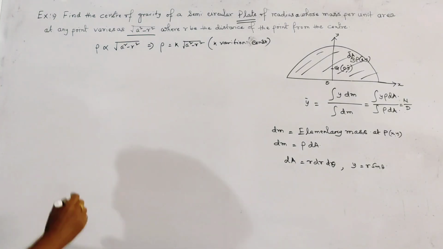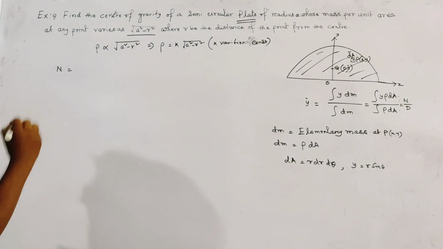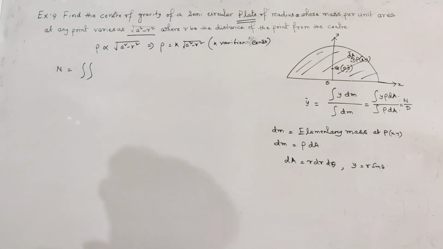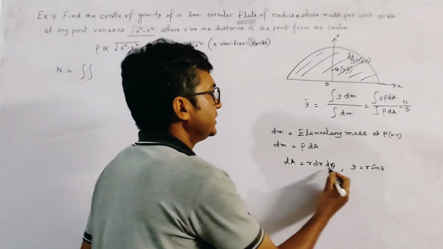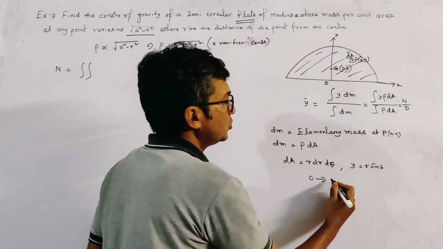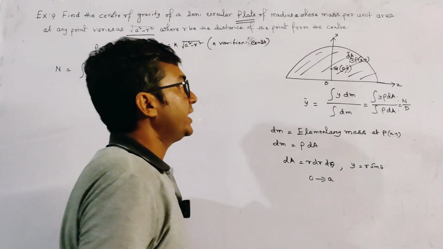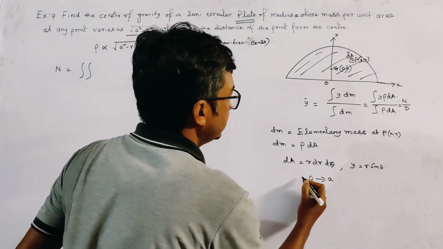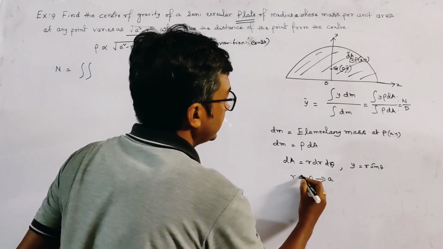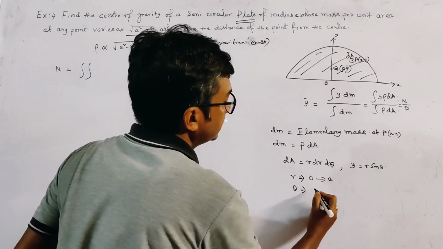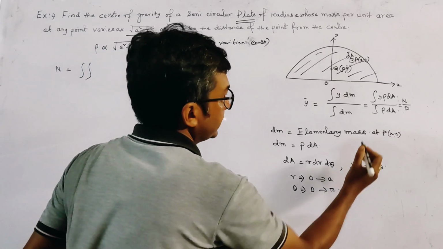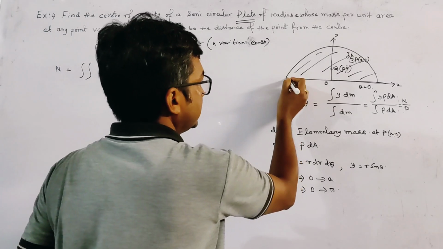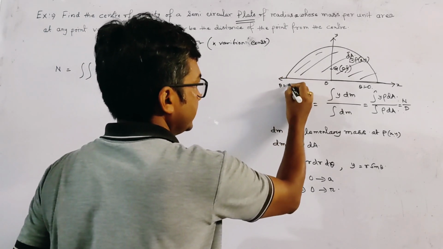Now n is given by a double integration. The range of r is 0 to a, because the radius of the semicircle is a, and the range of theta is 0 to pi, because here theta equals 0 and here theta equals pi.